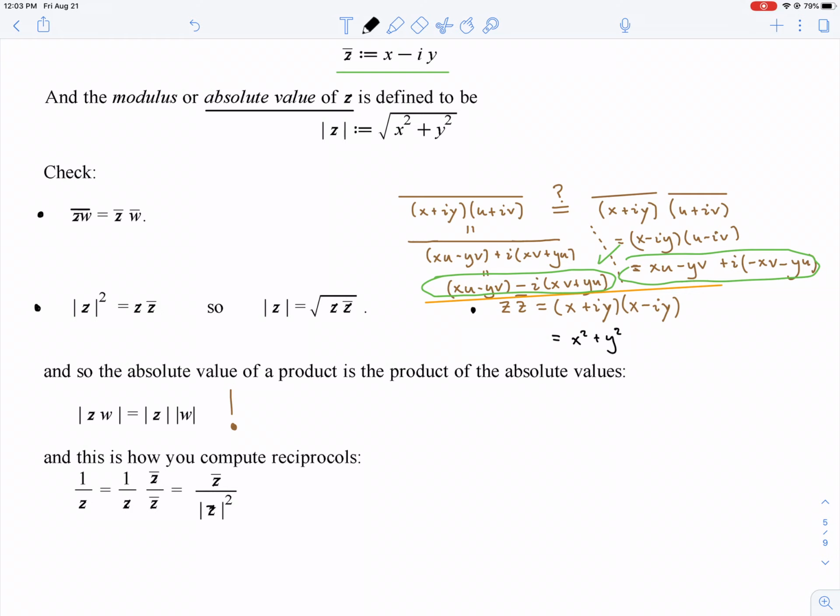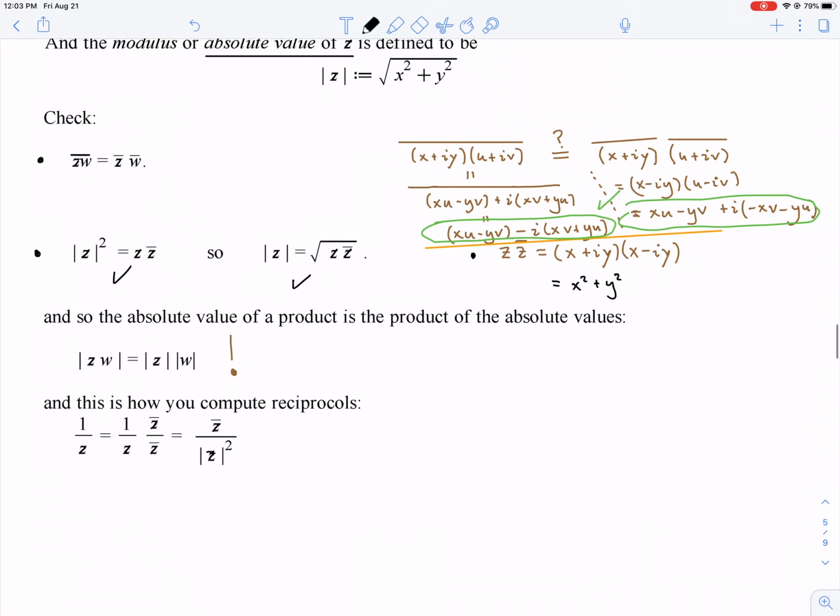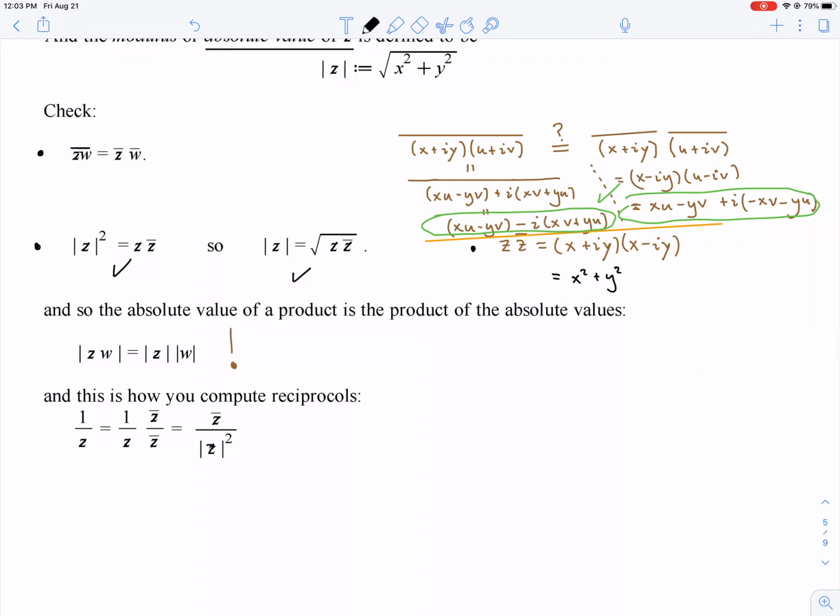And the imaginary parts cancel, so we get 0. So z z bar is x squared plus y squared, which is the absolute value of z squared. And if I take square roots, it's always true that the absolute value of z is the square root of z z bar.